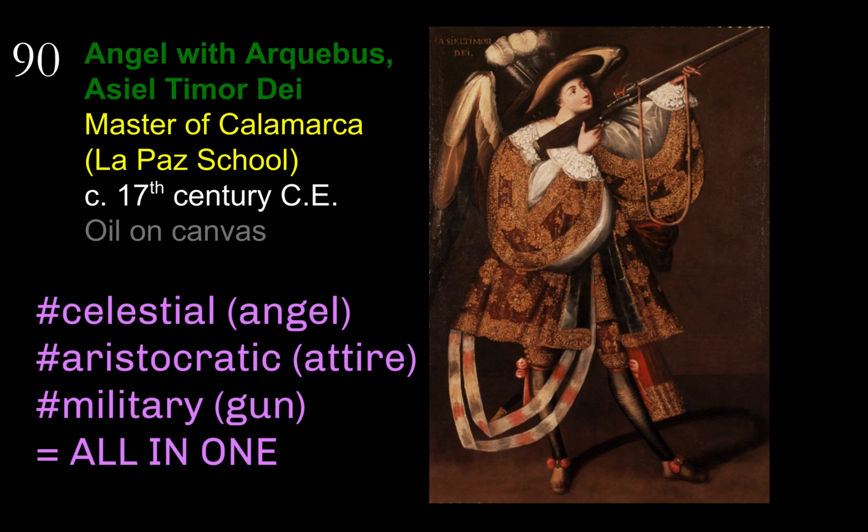Dressed like a nobleman, dressed like an aristocrat, is an actual angel, so that makes it celestial, and then holds a gun, which is military. But you combine these all into one. And these images of angels with guns, these defender angels, are very unique to Peru, to the Viceroyalty of Peru. You do not see these in Spain.